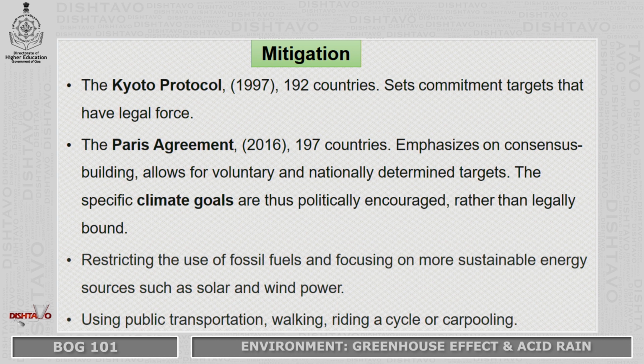So perhaps we need a change of lifestyle that has to come from the students, from the families, and in the society, so that with this change we can mitigate the problem of acid rain, we can decrease the thickness of the greenhouse gases that we release in the atmosphere, and we help in mitigating the environmental problems the world is facing today.